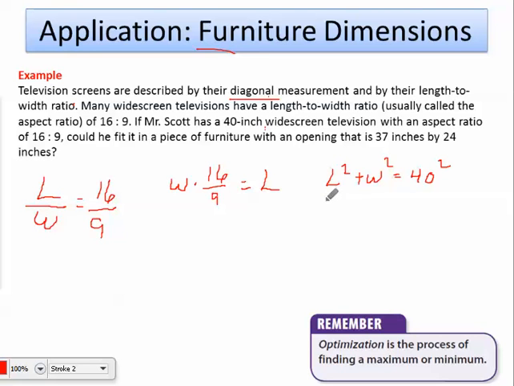So we can write that out as L squared plus W squared equals 1600. Right? But I know what L is equal to right here. So I could actually write that in here. 16 divided by 9, W plus W squared equals 1600.